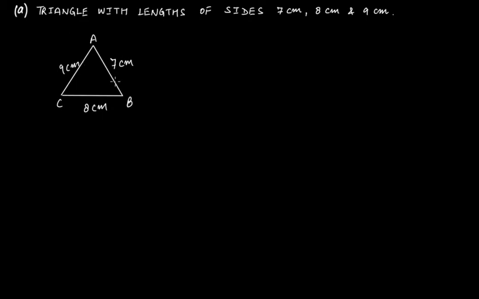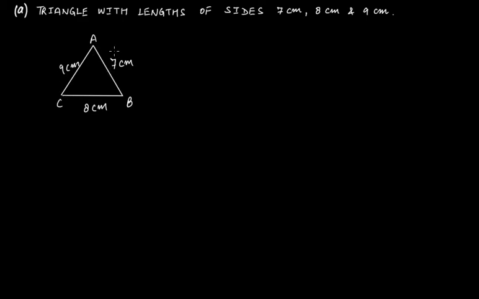The main thing is that in this question you have been given the lengths of the sides of this triangle, and you can see that none of these sides are equal: 7 centimeter, 8 centimeter, and 9 centimeter. So of course it's very clear that AB is not equal to BC is not equal to CA.